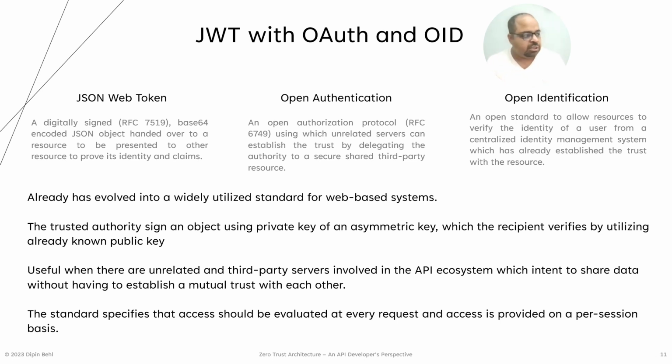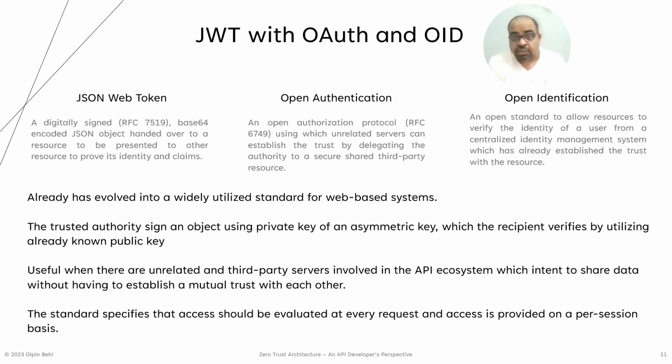They're basically JSON objects that have been signed, and they are stored with the clients themselves. You need to present them to the resource before accessing anything. They have been signed, and they have a specified format, which is basically what we call open authentication. It's an RFC 6749 standard, and it's basically an open protocol.